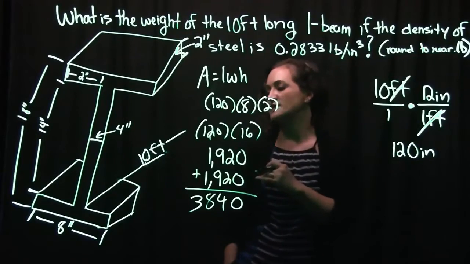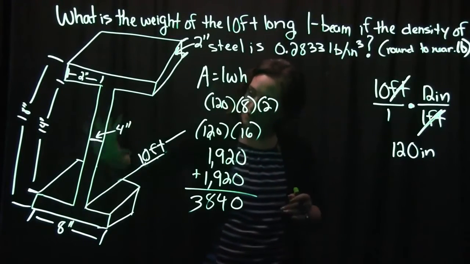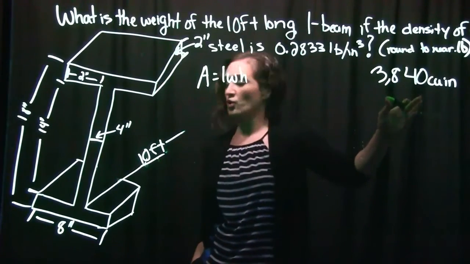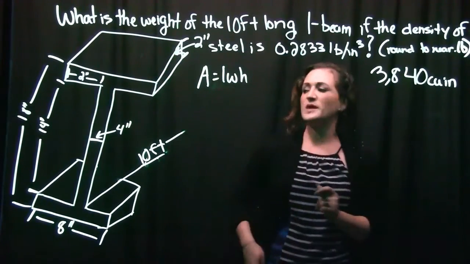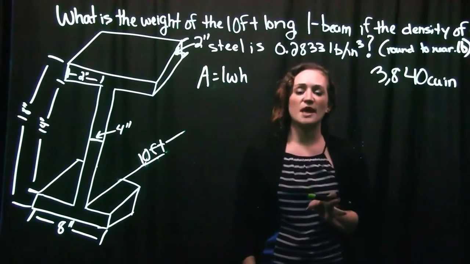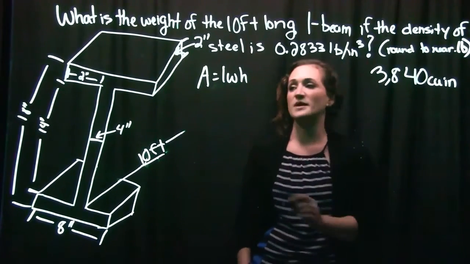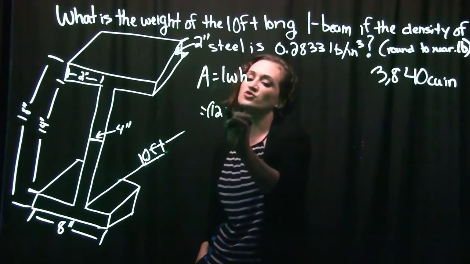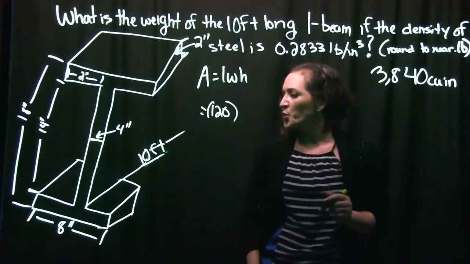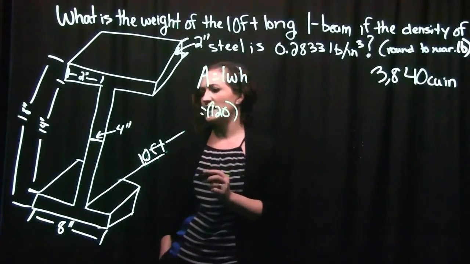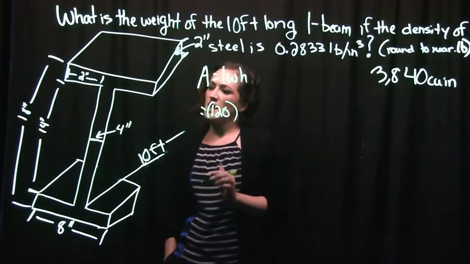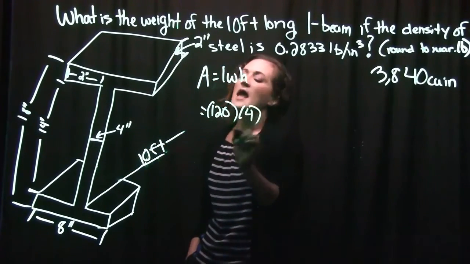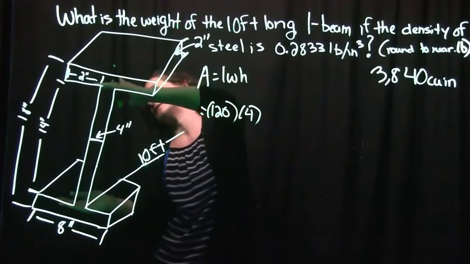So then all I really have to do next is calculate the volume of this middle piece here. I went ahead and moved that total over to this side while we work on the middle piece. That middle piece is also a rectangular prism, so we're going to be working with the same formula. Our length is still 10 feet long, which was 120 inches. Our width, this thing here is 4 inches wide, right over here it says 4 inches. And our height, how tall is this thing here?